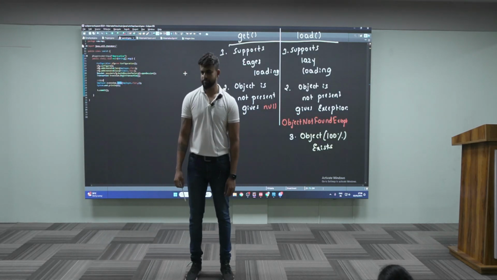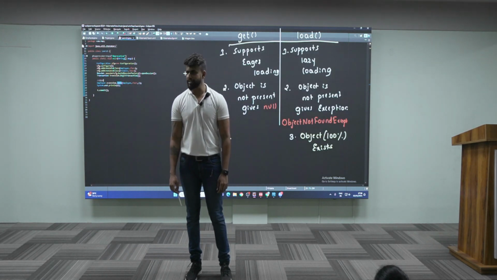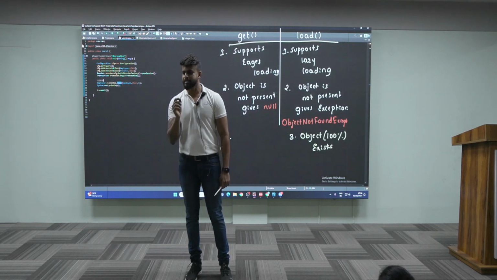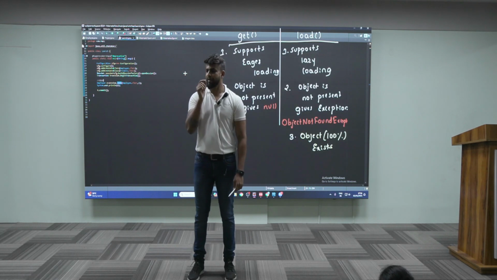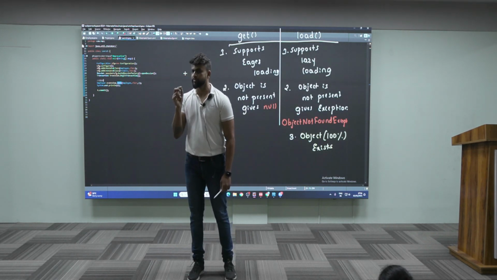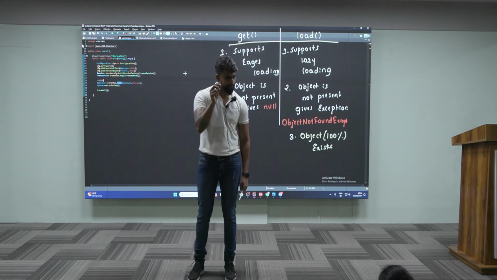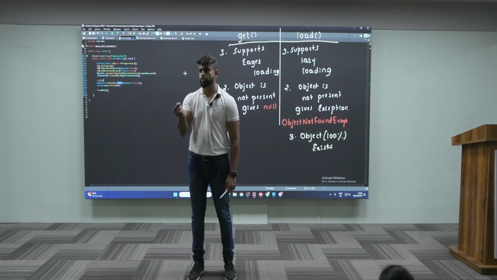Definition. Don't tell stories, okay? How do you define exception? Exception is an unusual event happening in the program which will lead to abrupt termination of your program. That's your exception. Tell me, abrupt termination, is it good or bad?